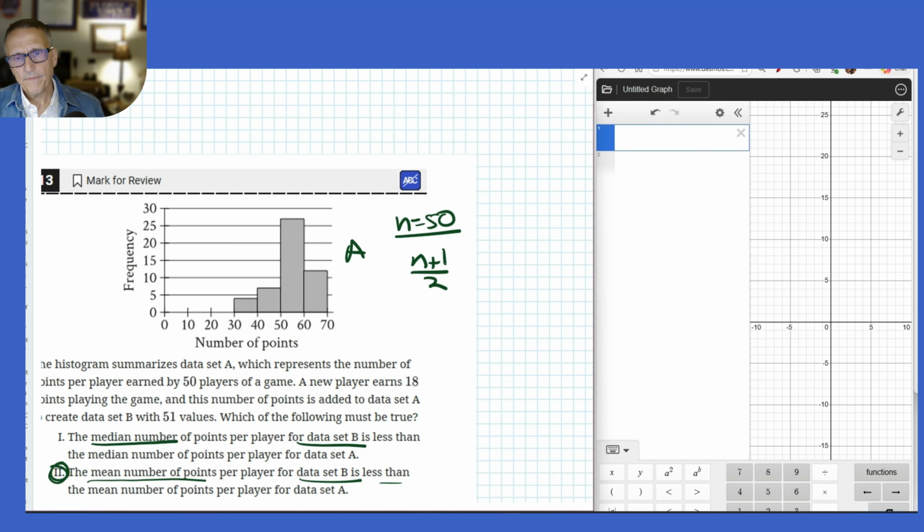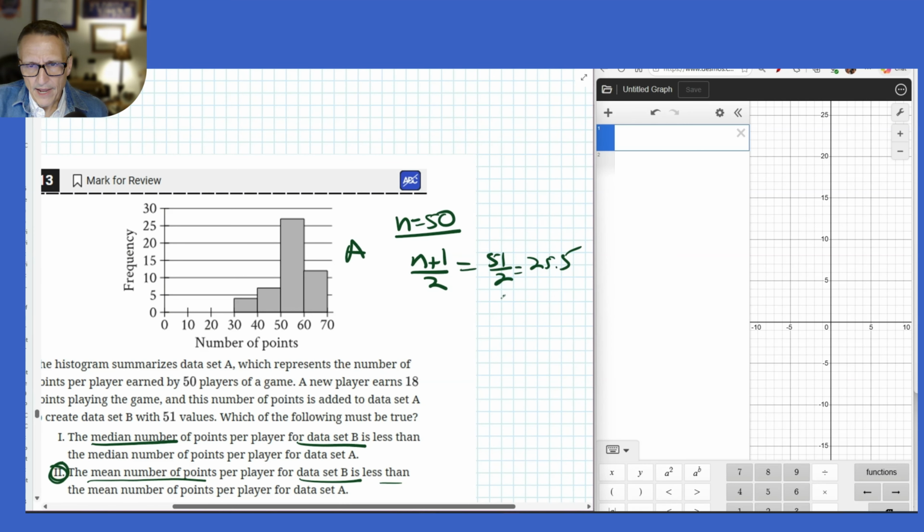That's the median. Well, in this case, that would be 51 over 2, which is 25.5. Now, what that tells me is that I would have to find the 25th and the 26th player, their score, and average them together, and that would give me the median for data set A.